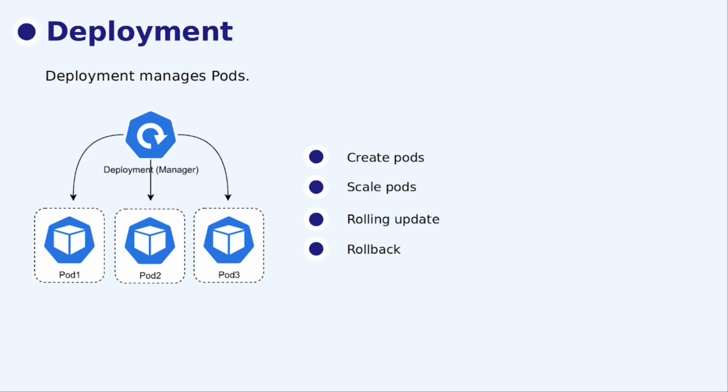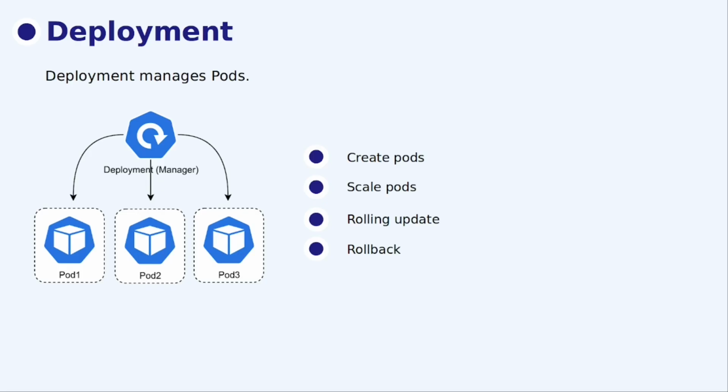If we set replicas to 3, Kubernetes will automatically create 3 Pods. If one of the Pods crashes or stops running, the Deployment will immediately create a new Pod to replace it.